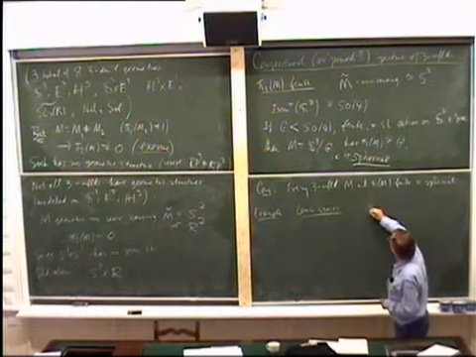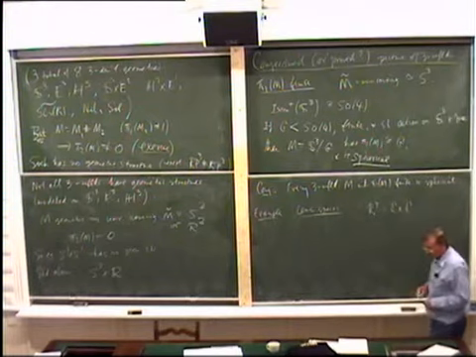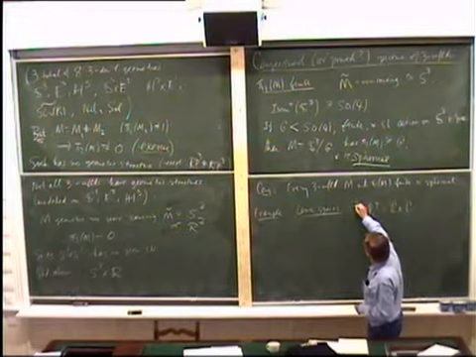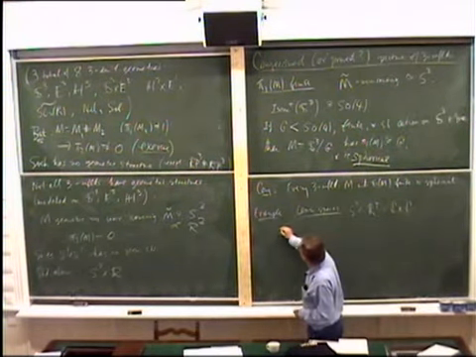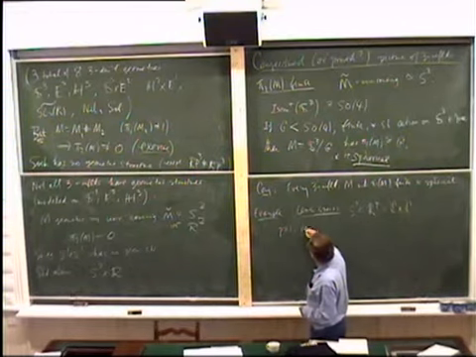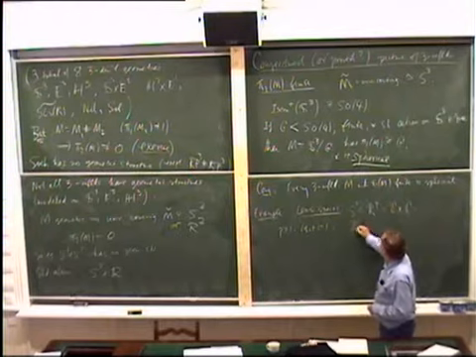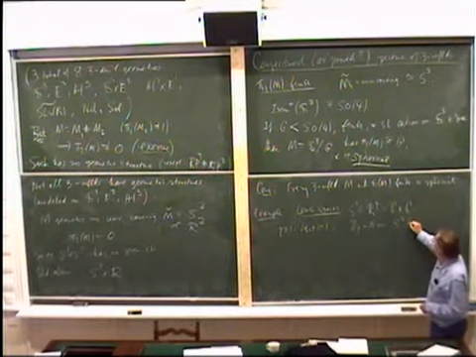think of R4 as the complex numbers cross the complex numbers, and you've got S3 sitting in here as the unit sphere. If you take P greater than or equal to 1, and Q to be relatively prime to P, then you can let ZP act on the three-sphere isometrically.